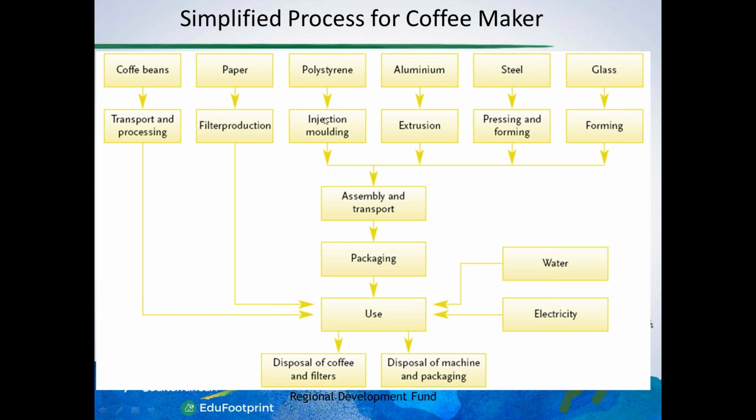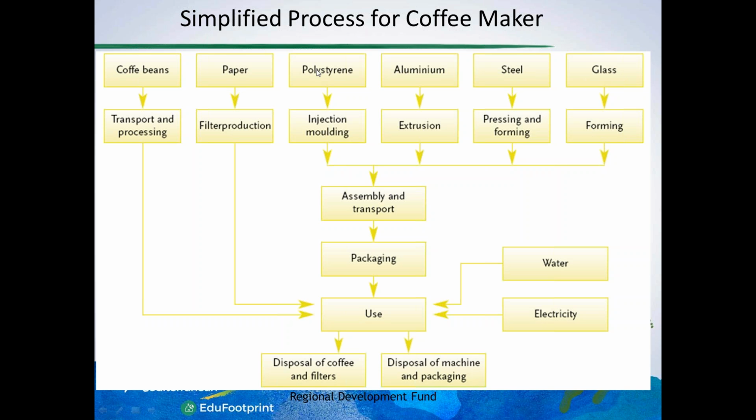Polystyrene has to be injection molded. Then there is the extrusion of aluminium, the pressing and forming of steel. These are the industrial processes they have considered. And then there is the forming of glass.